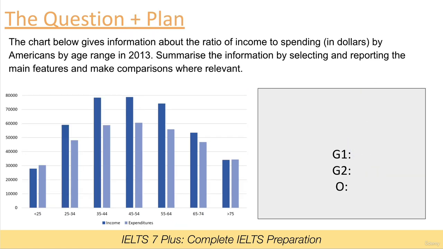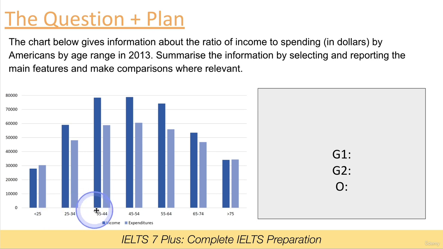Okay, let's have a think about our plan then. Now we want to group this into two groups. And as long as it's logical, it's up to us, and if you can justify it, that's okay. So we could do income in one group, then we could do expenditures in another group.